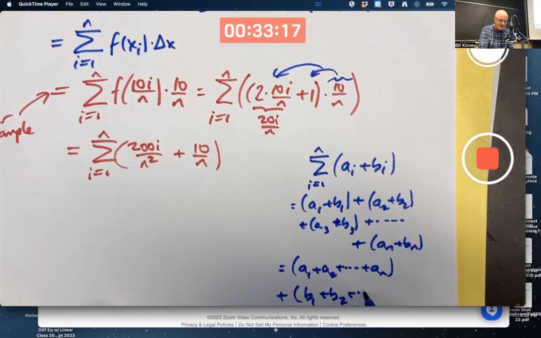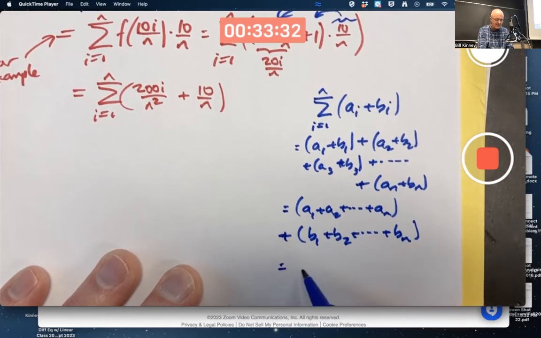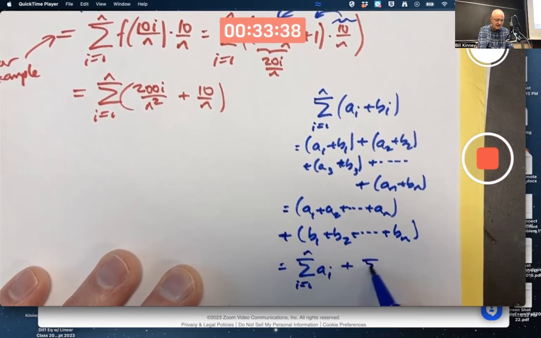That's essentially just the associative property for addition as well as the commutative property for addition. You might say the commutative property being the more important of the two, the fact that I can switch the A's and the B's around. And the first thing I have there is the sum of the A's, and the second thing I have here is the sum of the B's.